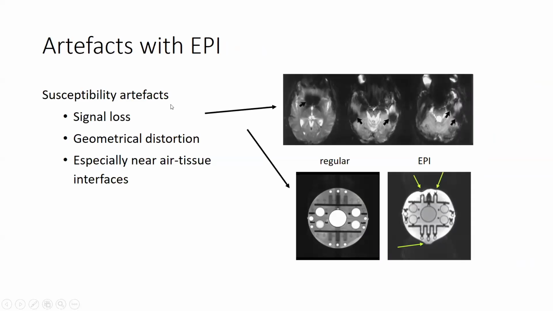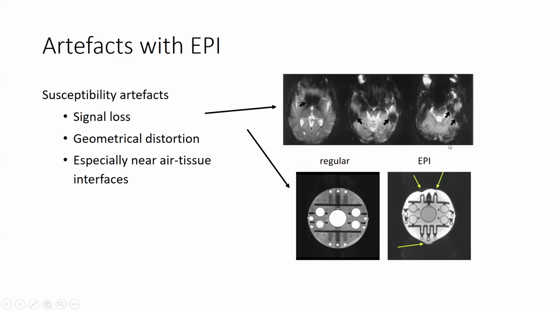These are the artifacts that we have with this EPI. We call them susceptibility artifacts. They occur especially near interfaces between air and tissue. Where tissue is surrounded by tissue is no problem, but when we have tissue and then air and then bone, we can have problems.